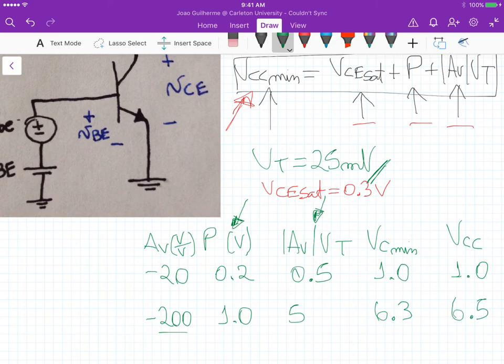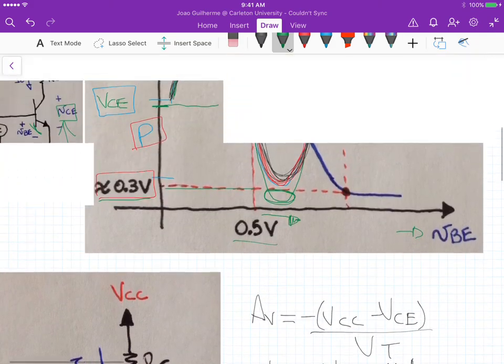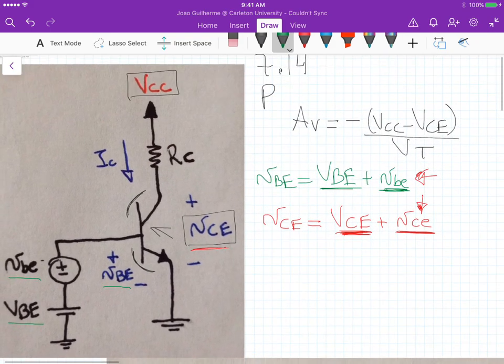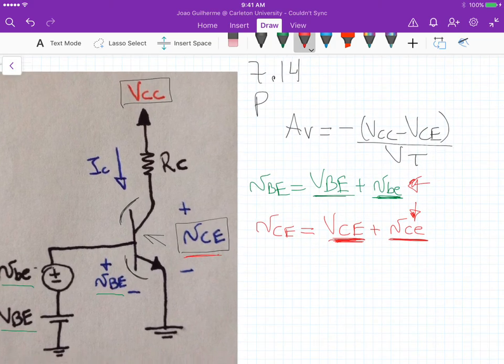So basically this is the analysis for this problem. We want to represent this maximum peak voltage here at the output. This is the voltage gain equation for this particular amplifying circuit using a BJT.